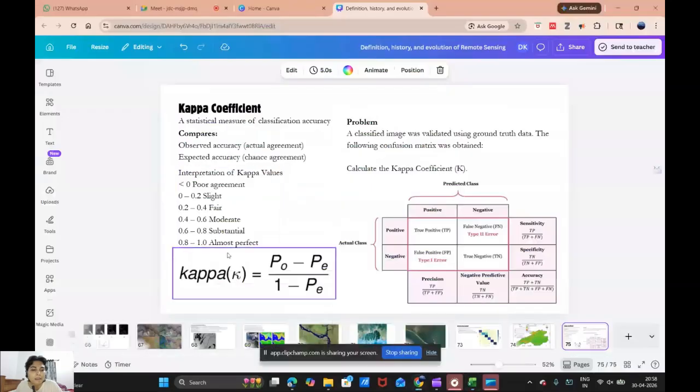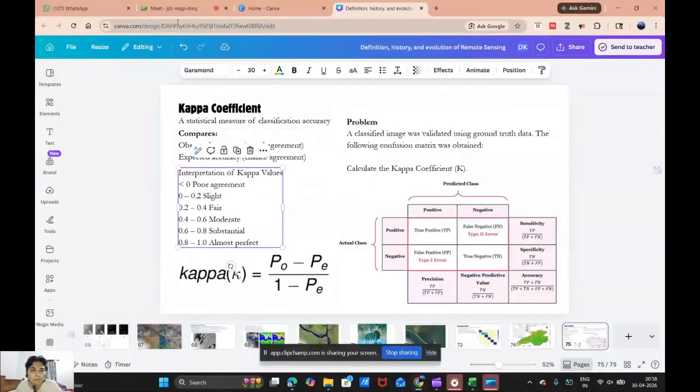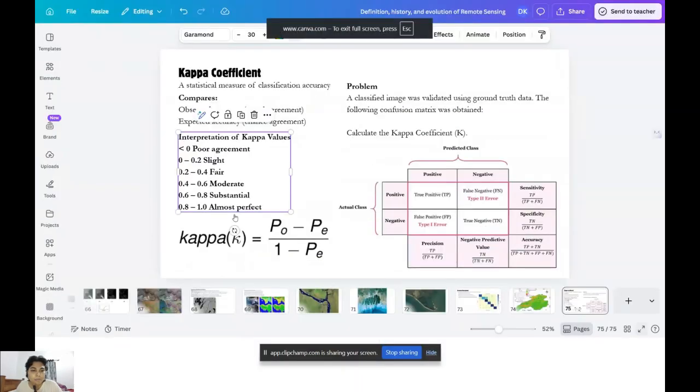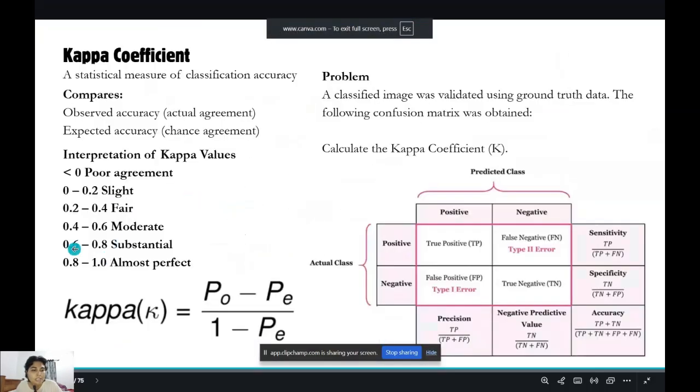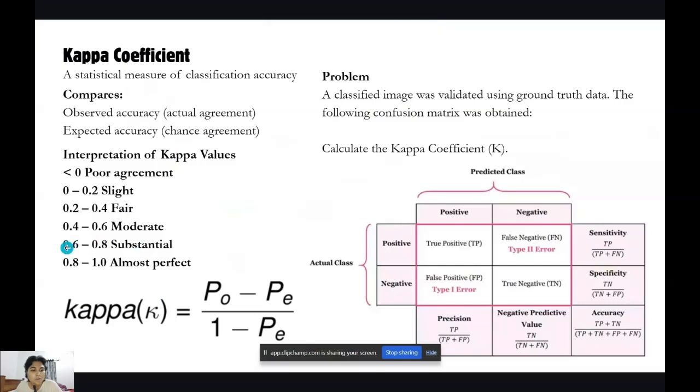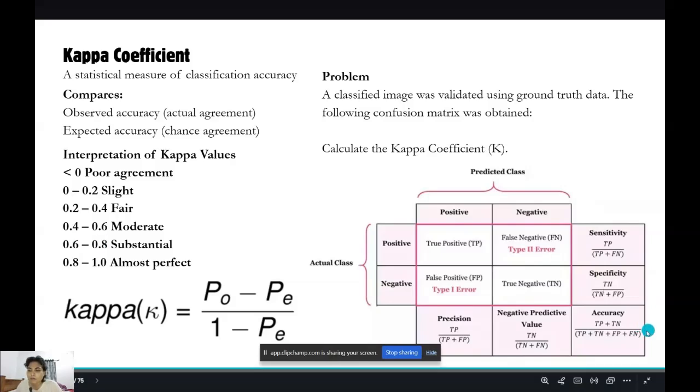I should be making my inference based on this particular table. It is falling in this 0.7 something, so it is substantial, or good agreement, not perfect agreement but good agreement. My classified results have a good agreement with the field data. This is what it means.